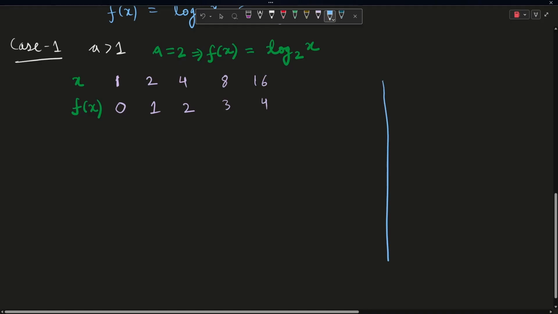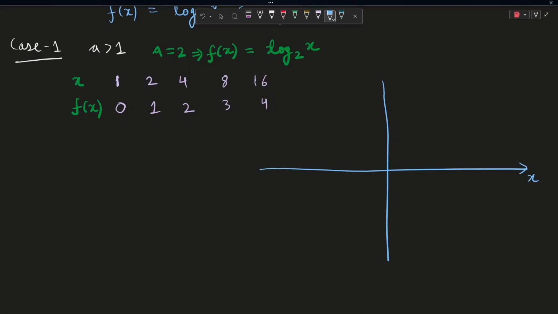So let's say we are drawing the two axes. This is x, this is f of x, right? Now it is the point 0. For x, we are plotting 1, 2, 4, and somewhere here 8. Then f of x is 0 for x is equal to 1. For x is equal to 1, the y is 0.